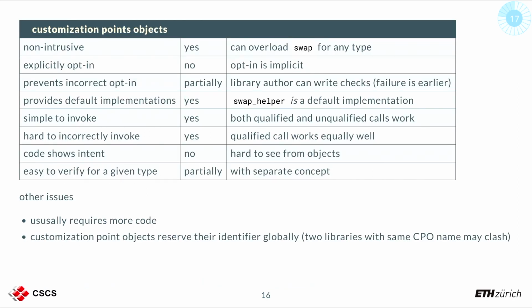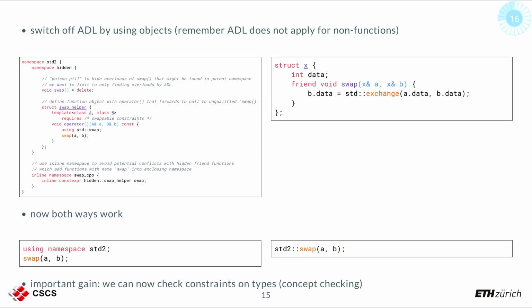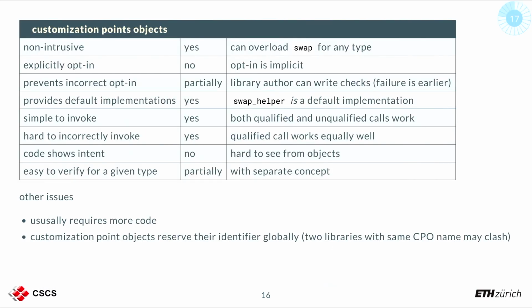So we have improved a little bit. Do we really show in the code what we want to do? Well, it's arguable. If you're not familiar with swap and you don't know that there is somewhere a CPO swap, it's not really obvious what we're doing.